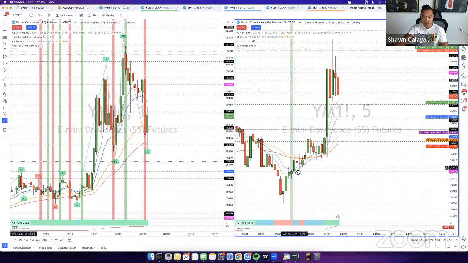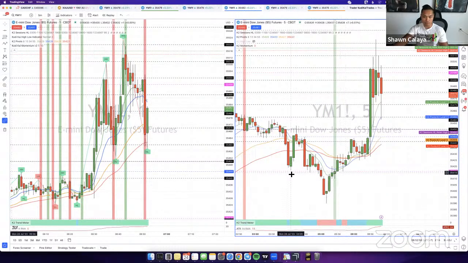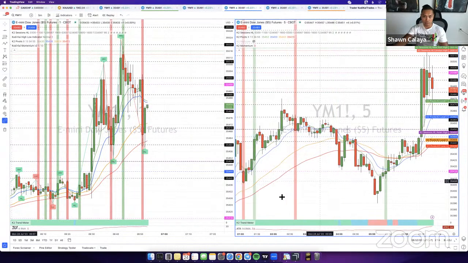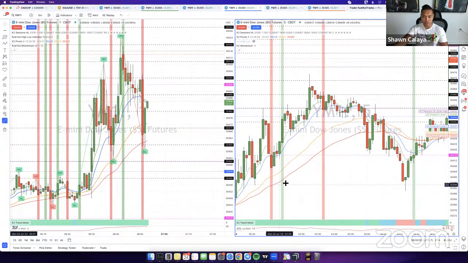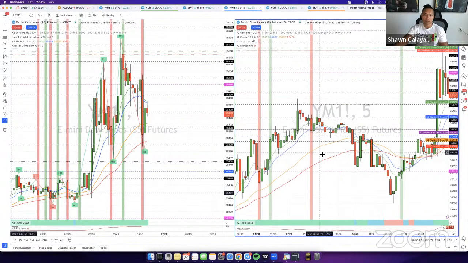If you look over here pre-market, like at 5:30, the ATR was 11. If I scroll over here, ATR was 11. So there's no point in taking entries right here because price is just going sideways. You can see over here during London session, the market was super slow. ATR was about 14, 12, 13, etc. This is like it'll basically tell you whether you should be trading it or not.